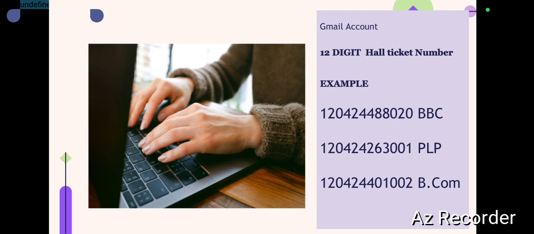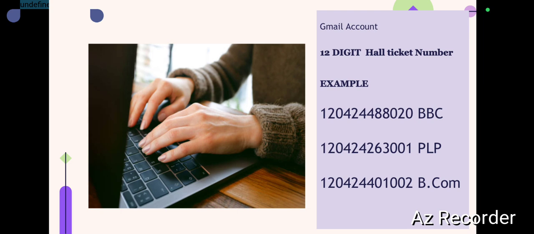To have an idea about the 12-digit hall ticket number, usually the first 4 numbers in your hall ticket indicate the college code, that is 1204, followed by the next 2 digits indicating the year of joining, that is 24. The next 3 numbers indicate the program code.